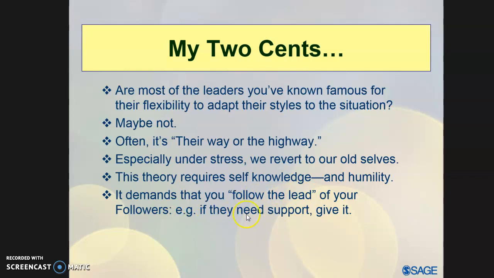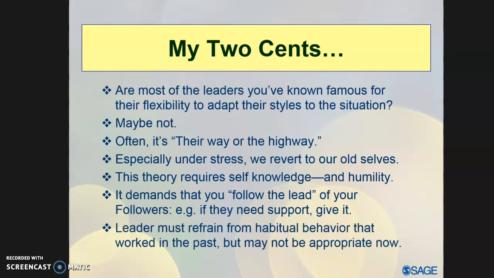If they need support, you give it. But you're getting the cue from them as to what leadership style you're going to use. So as leaders, we have to refrain from habitual behavior that worked in the past, but may not be appropriate now.